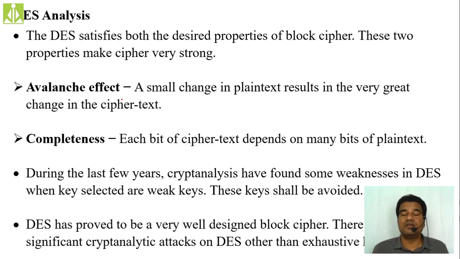The 64-bit key is parity dropped to 56 bits, and we also saw how that parity drop is done. Then we said performing cryptanalysis is difficult on DES if your key is strong enough. If you select a weak key, it is very easy for cryptanalysts to perform the cryptanalysis.